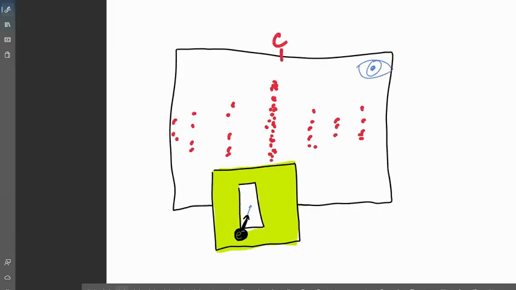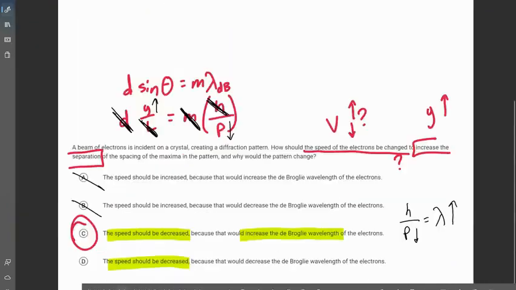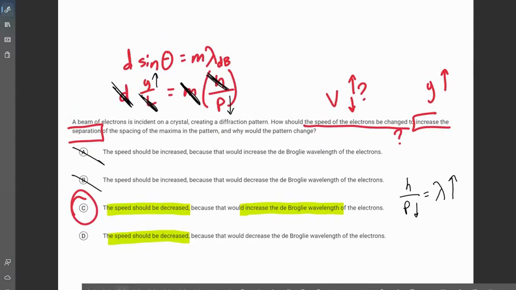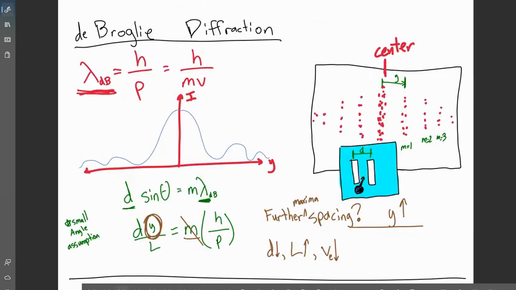Okay, so that'll do it for de Broglie diffraction. Essentially, all you need to know is if you can answer a question like this, you're in great shape. De Broglie diffraction, electrons create diffraction patterns when we observe the screen.